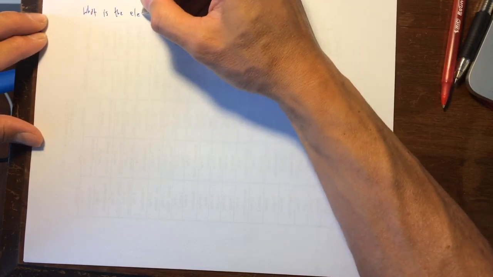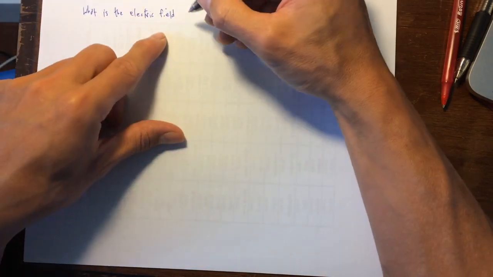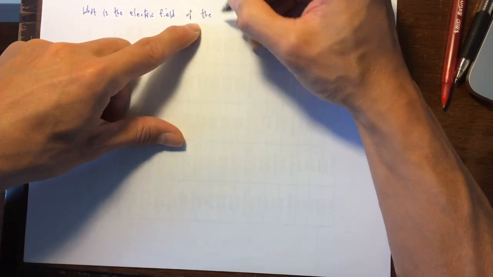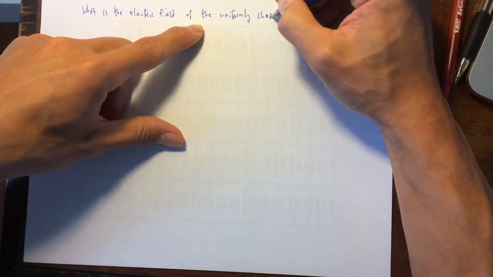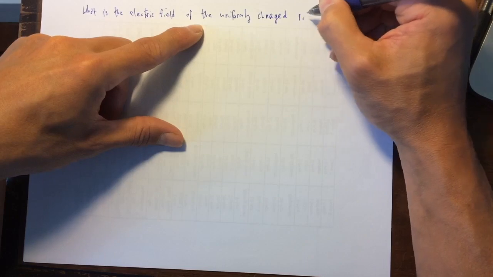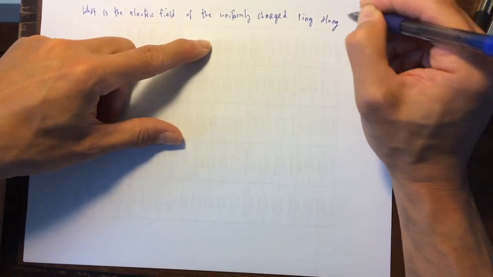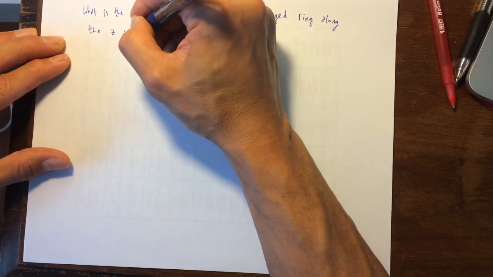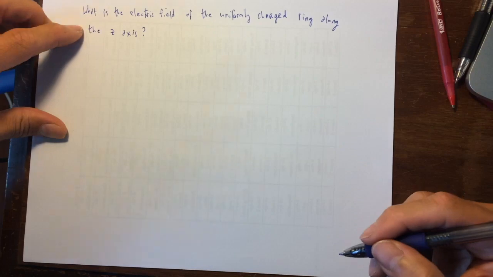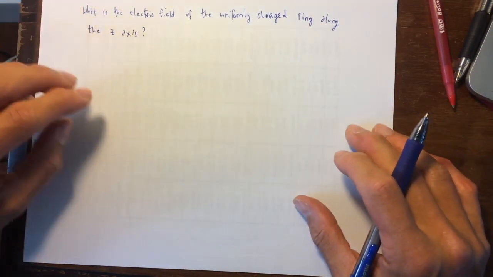What is the electric field of the uniformly charged ring along the z-axis? This one turns out to be sort of the easiest one to solve.